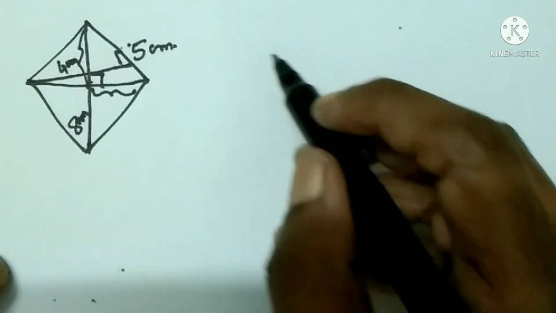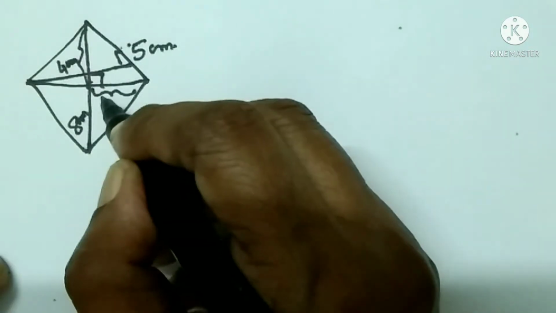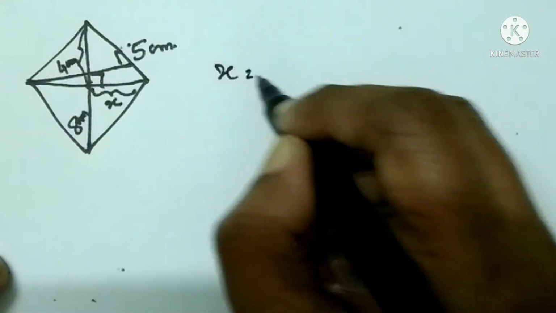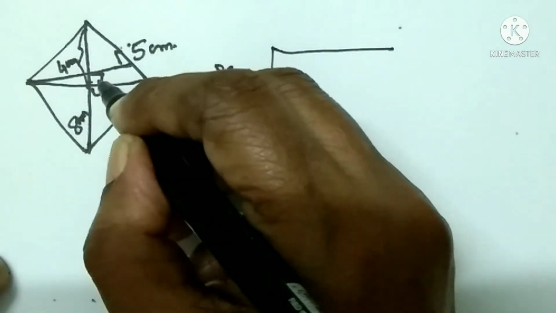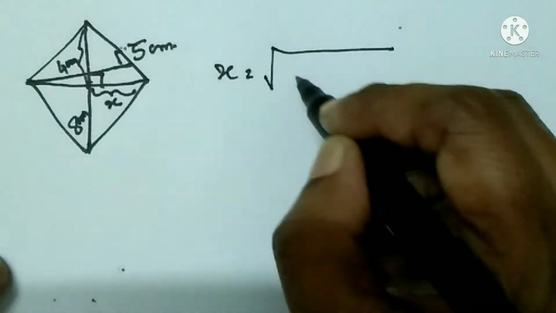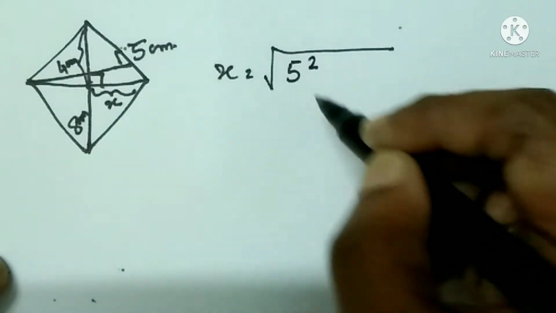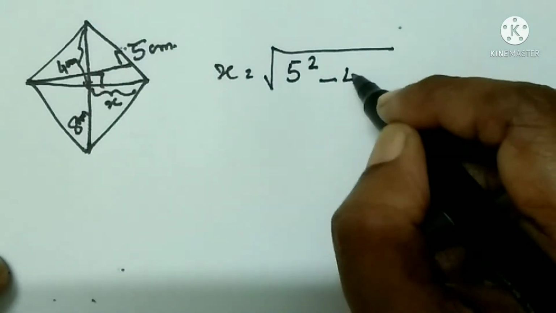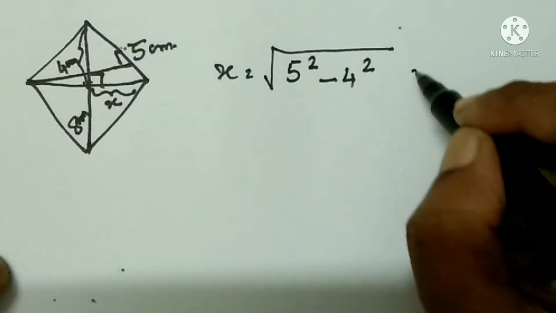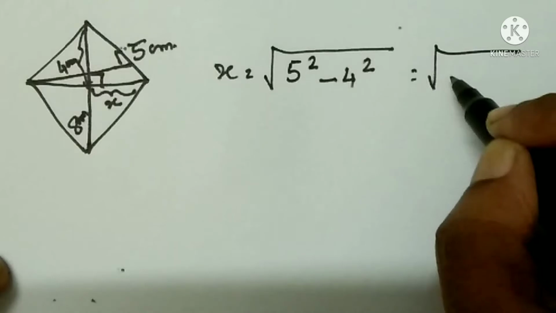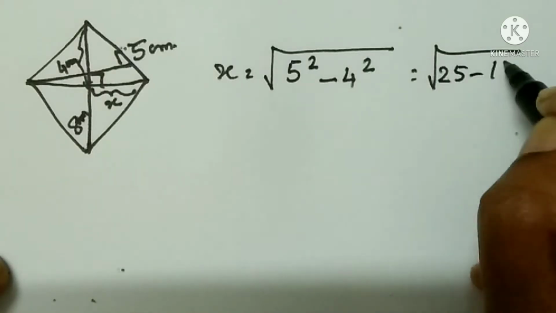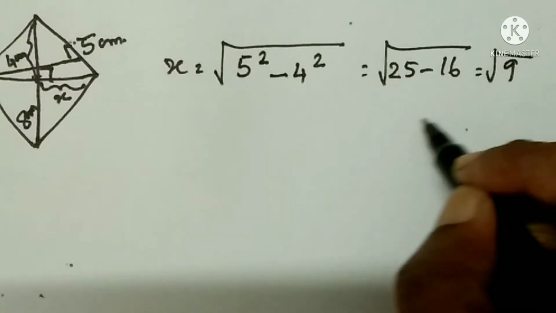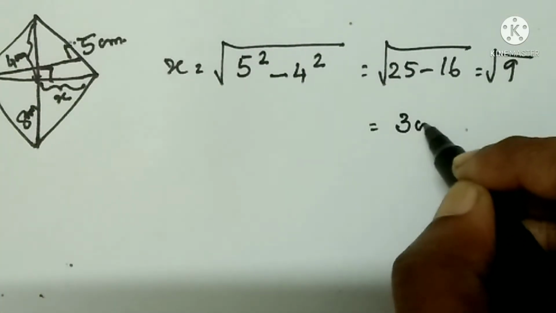So using Pythagoras theorem we get this part. x is equal to square root of 5 square, that is hypotenuse square, minus 4 square, which is equal to square root of 25 minus 16, that is square root of 9, that is equal to 3 centimeter.